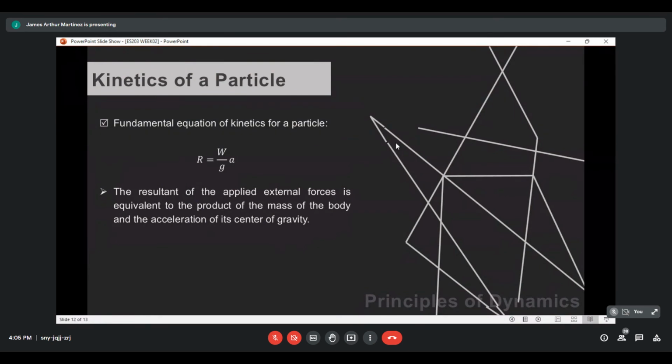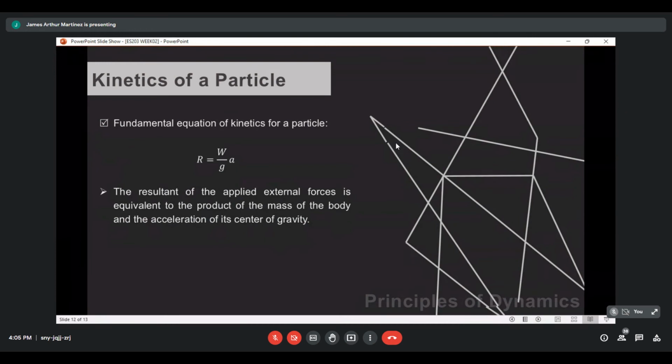Then the fundamental equation for that kinetics is this formula: R is equal to W over G times acceleration, or times A. A there refers to the acceleration of the body, W is the weight of your body, and G is the gravitational constant, or constant of gravitational force.